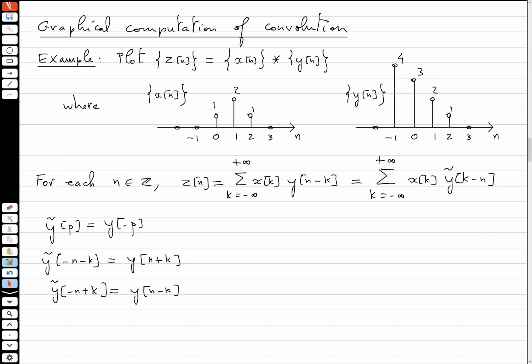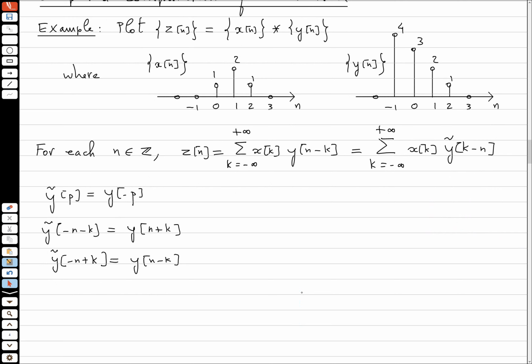Okay, why do we use this trick? This is because, let's say, what is z of 0? It's going to be just this.